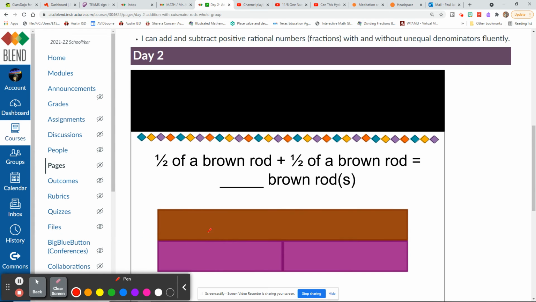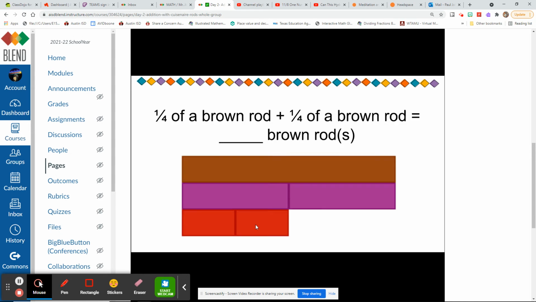So that's what the connection is. So 1/4 and 1/4 is the same thing as 1/2. So 1/4, 2/4, 3/4, 4/4 would be 1 whole. 1/4 plus 1/4 is 1/2. And then 1/2 plus 1/2 is 1 whole.